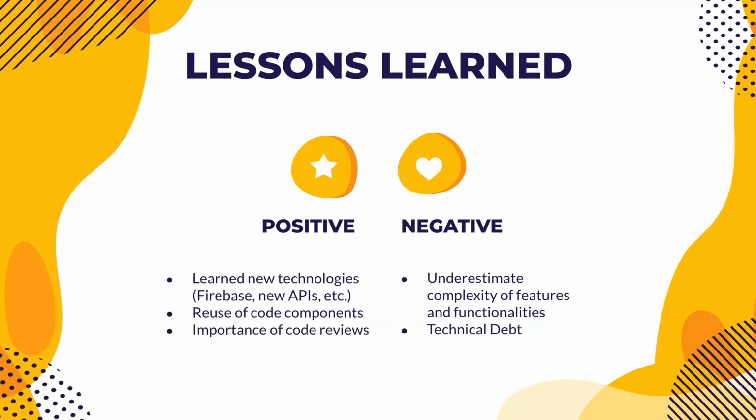This helped us save development time and increase consistency in our UI designs, which allowed us to focus on more important features. Finally, we also learned the importance of code reviewing from constantly reviewing each other's code commits, which has helped us catch potential bugs early, improving overall code quality, and promoted knowledge sharing between team members.